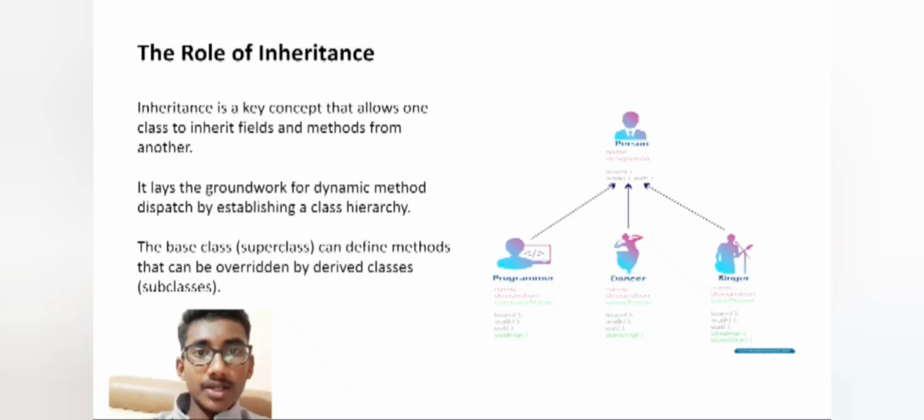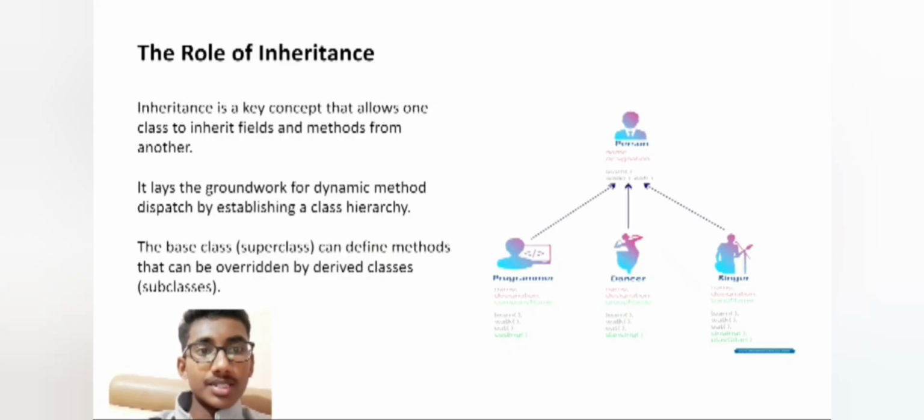Then we discuss the role of inheritance. Inheritance is a key concept that allows one class to inherit fields and methods from another. It lays the groundwork for dynamic method dispatch by establishing a class hierarchy. The base class or superclass can define methods that can be overridden by derived classes or subclasses.